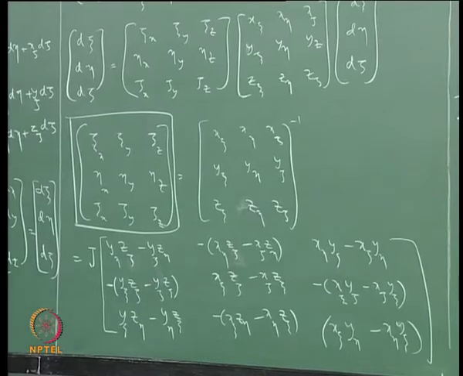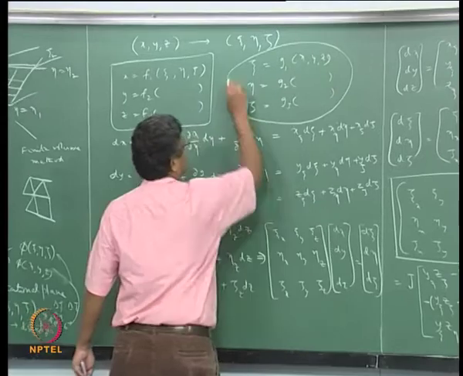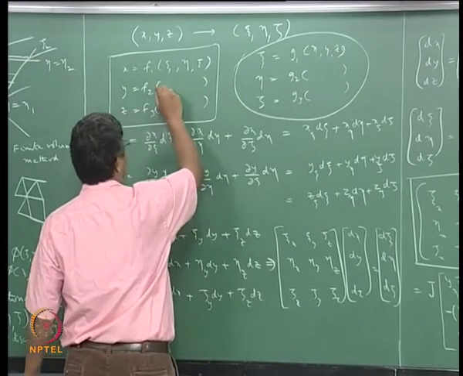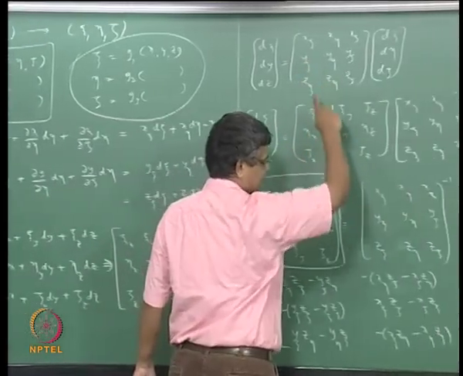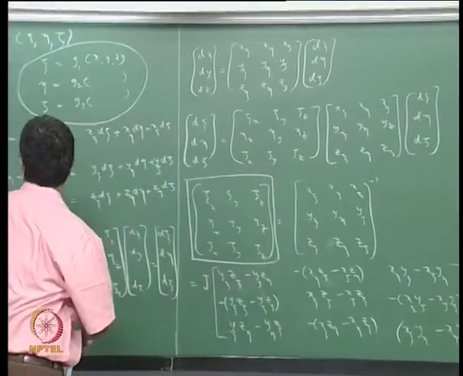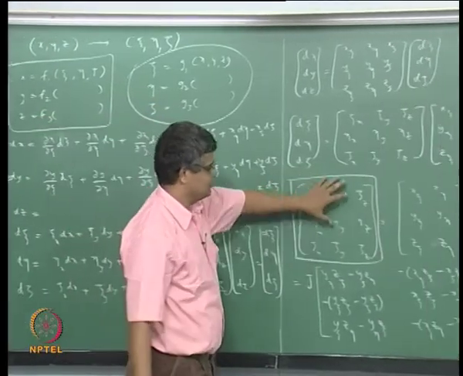So either we should know this or we should know this. If we know this, then we can get x, xi and all these things from a similar relation, or if we know this, then we can get the corresponding metrics in this.